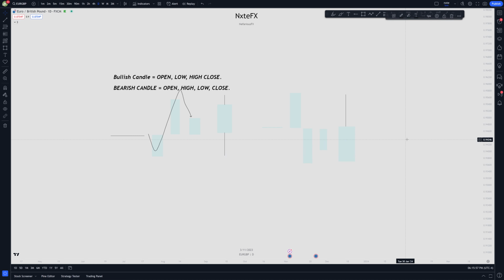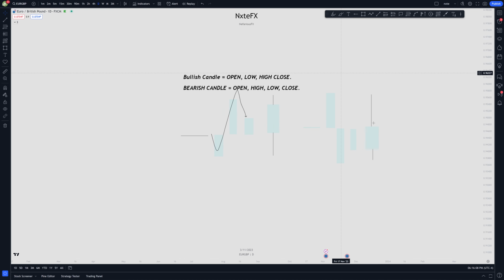We make the low, so for the bearish candle we made a high, we're going to make a low now, then we retrace back up, and that's your bearish example.